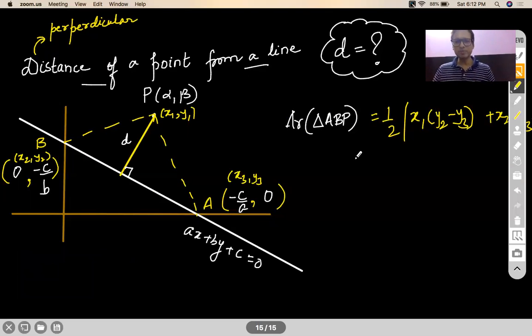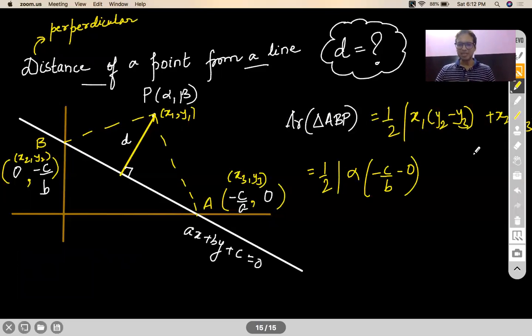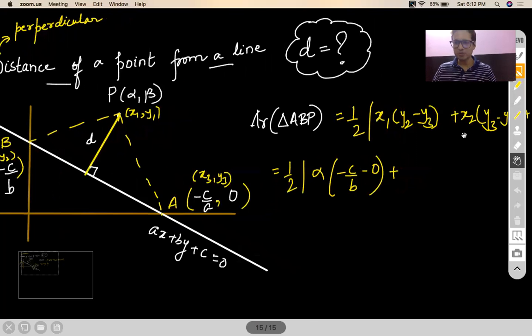So if you implement this formula, it will be half mod x1 is alpha, (y2 minus y3). y2 minus y3 will give you minus c by b minus 0. Okay, plus x2. x2 is anyway 0, so we don't have to worry too much about it. Just write it as 0.